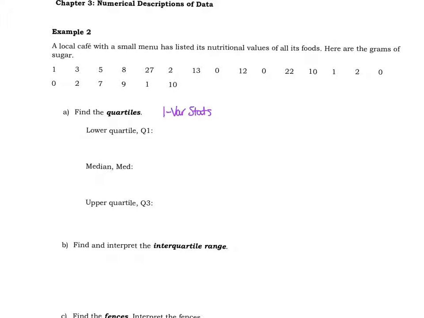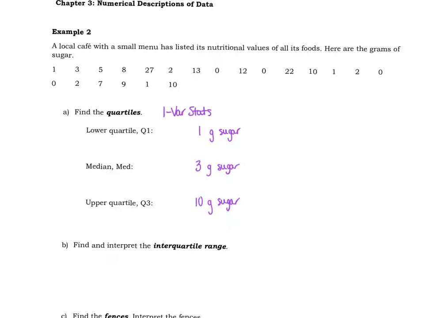The lower quartile, or that Q1, you should see as 1, and that would be 1 gram of sugar. The median should be 3 grams of sugar. And then Q3, which is known as the upper quartile, is 10 grams of sugar. Now it may not come as a surprise to you, or maybe it will, but these quartiles correspond to specific percentiles.